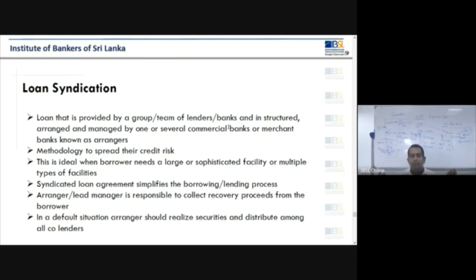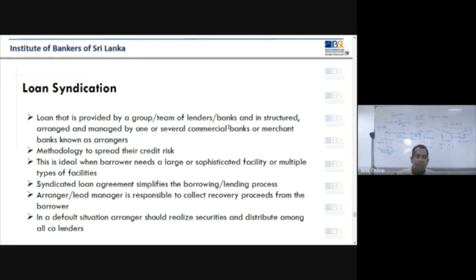Different banks will not try to recover independently. One bank is responsible for recoveries. When the recoveries come in, that bank is responsible to distribute among the banks. That recovery distribution is based on the capital invested by the banks.